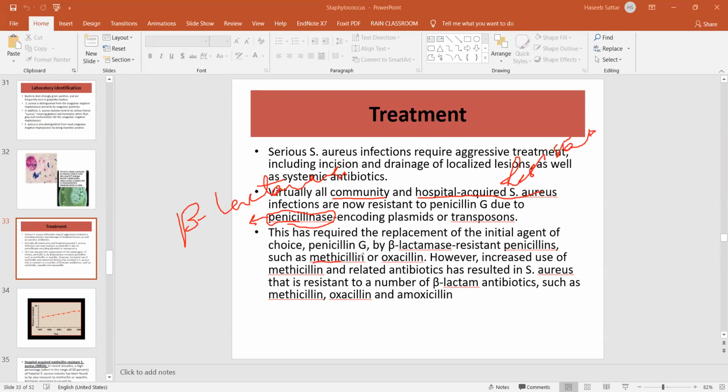I told you at the beginning lecture about methicillin resistance. The Staphylococcus aureus bacteria which acquired resistance against methicillin is known as MRSA, methicillin resistant Staphylococcus aureus.